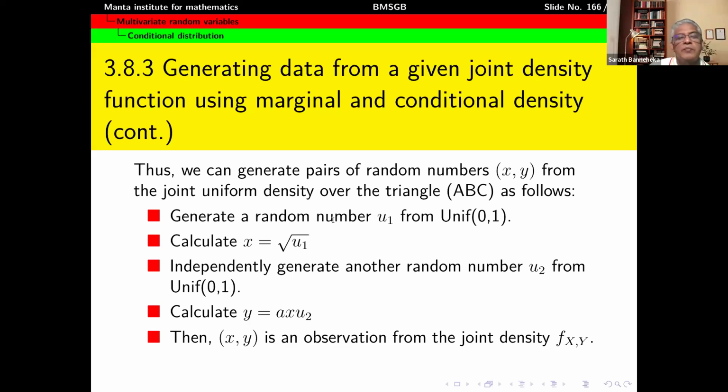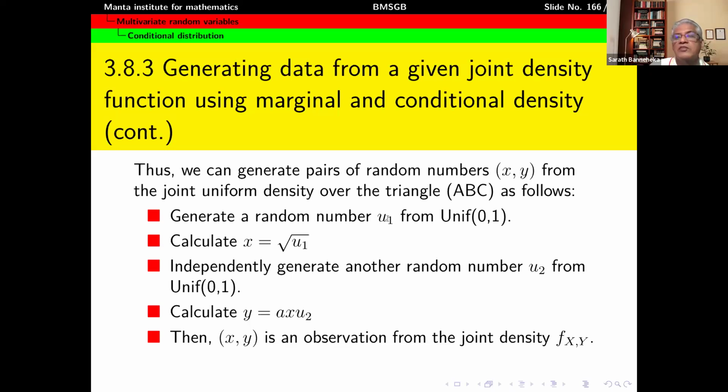Generate, in here I'm explaining how to do it for one random number, but you can do it for 10,000 values at the same time very easily in this case. So generate a random number u1 from uniform 0, 1, or you can directly generate 10,000 random numbers from this uniform 0, 1.